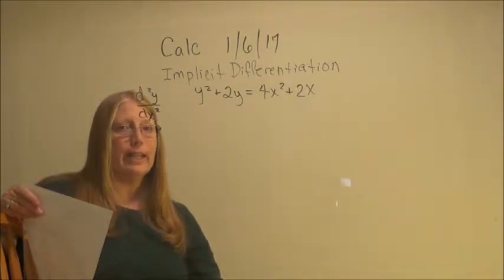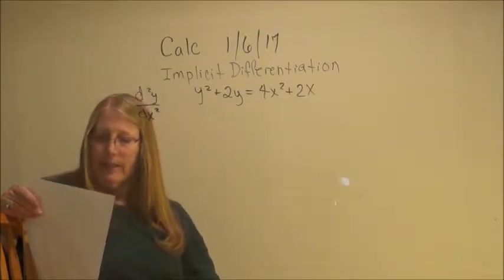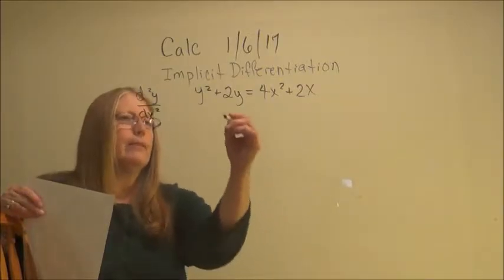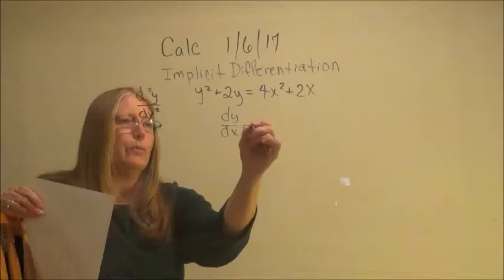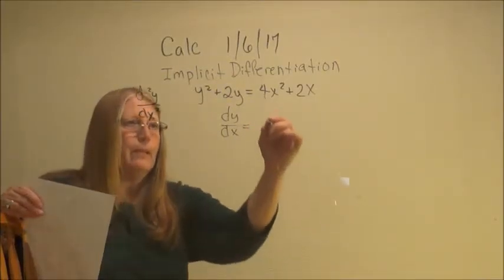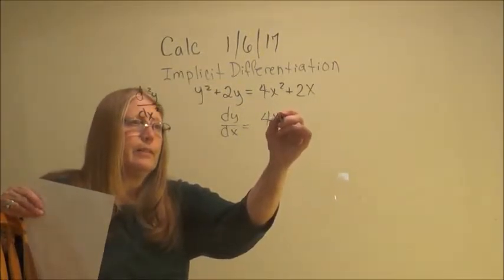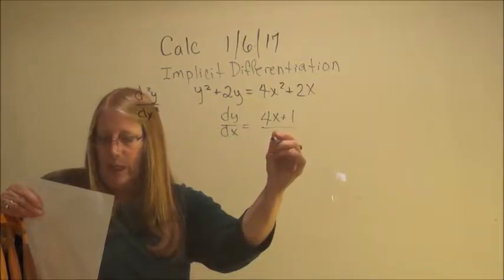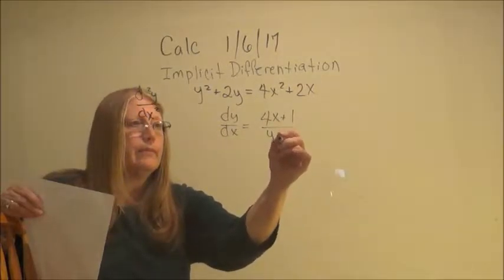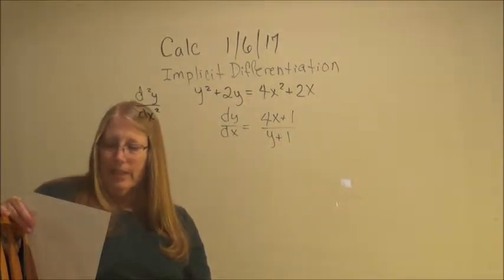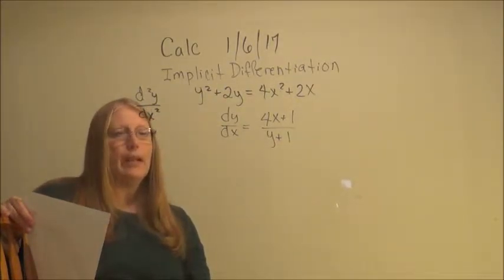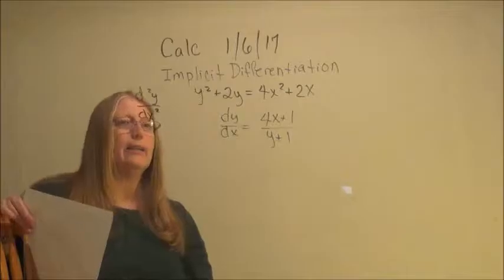Factor out dy/dx and divide. So doing all that, did you not get dy/dx equals 4x plus 1 over y plus 1? Alright, I'm sure you did. I didn't show you the in-between steps, but I am confident you can get there.